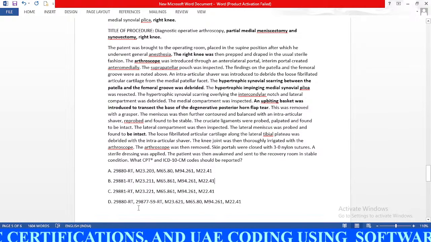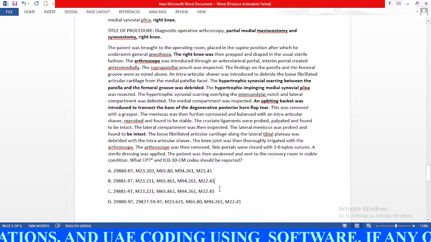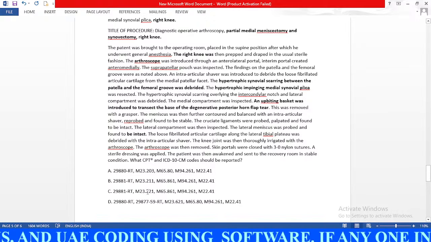So we are left with two codes. So B and C are almost correct. We have only a difference with M23221.